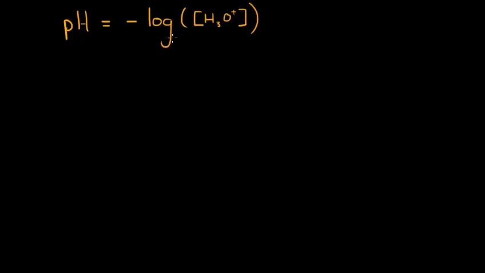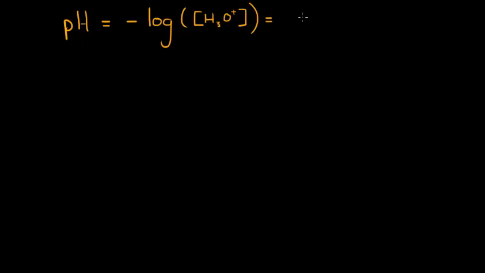So to get the pH of a solution, we need to know the concentration of the hydronium ion. Or if you don't know the concentration of the hydronium ion, you might know the concentration of the hydroxide ion.